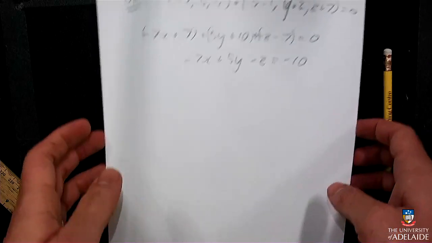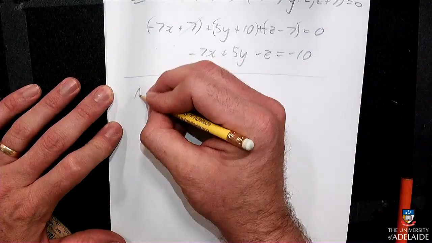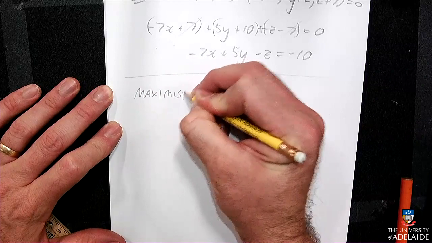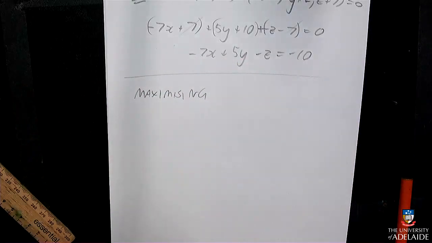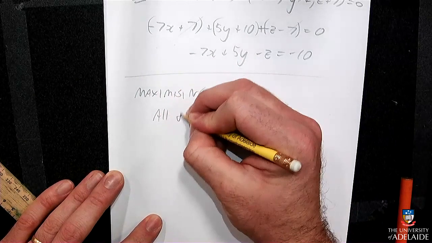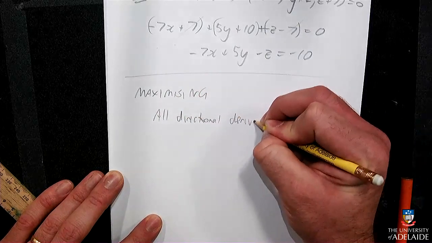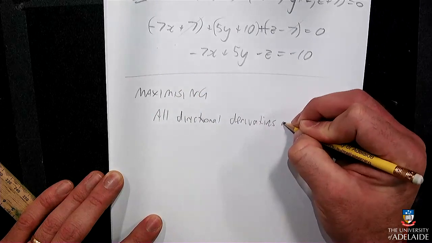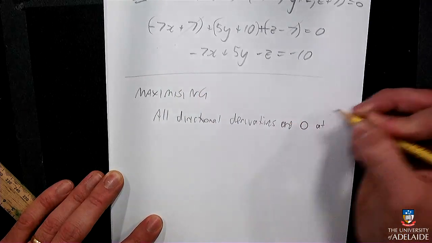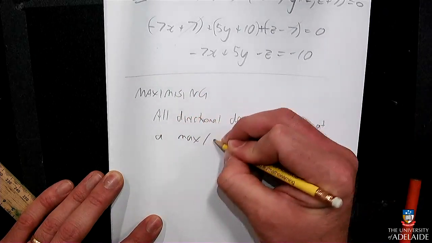So when you're maximizing, you need all the directional derivatives to be 0, at a maximum or a minimum.